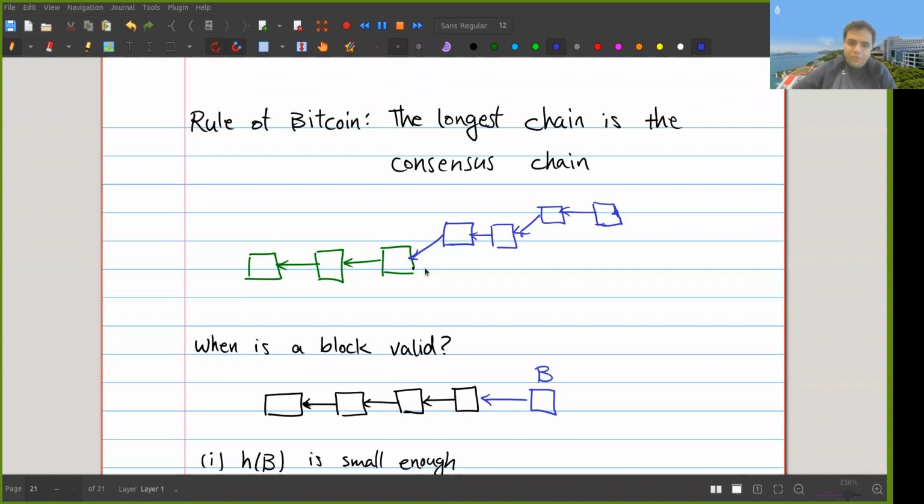If you had another block here, and a transaction inside this block, and this block got ignored, that means this transaction is also ignored. It's as if that transaction never happened. So the only way you can be sure that your transaction has happened is to wait for it to come into the blockchain and be part of the longest chain. We will talk about this probably in the next session.